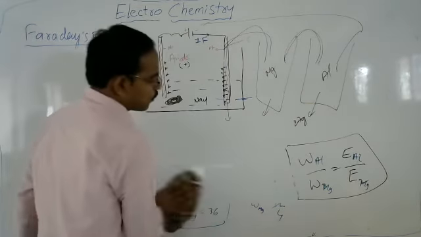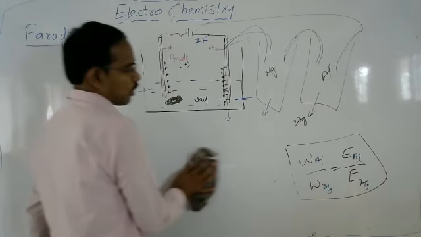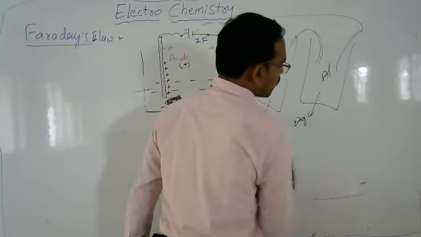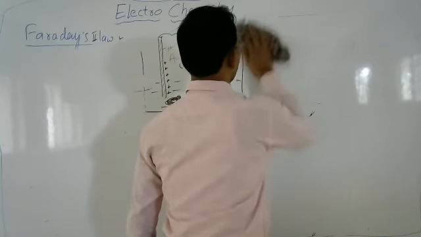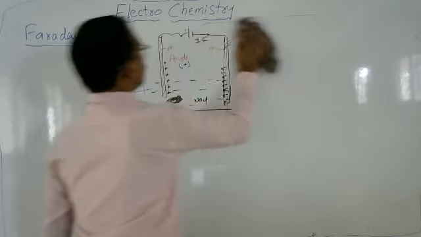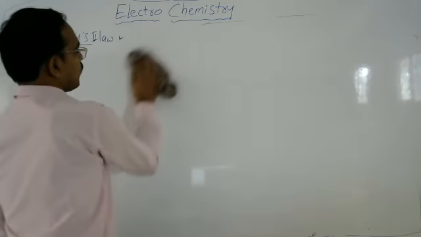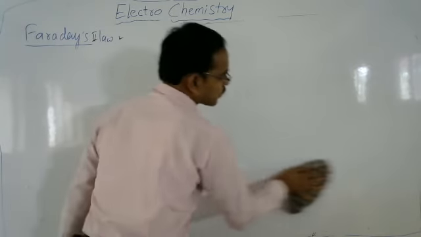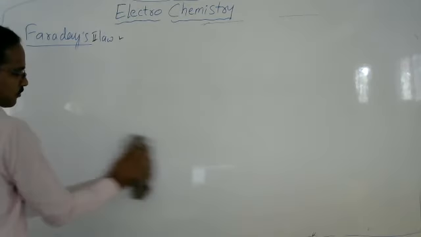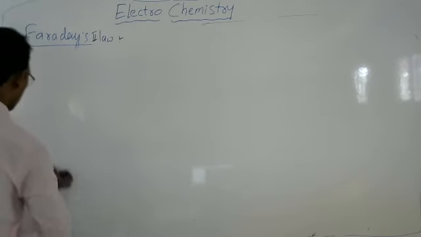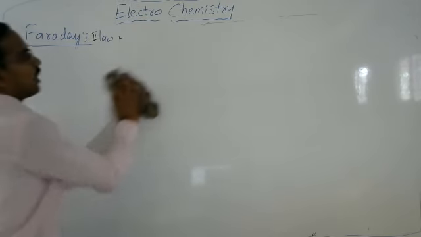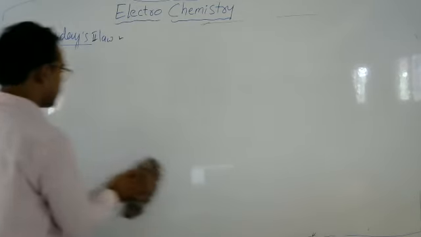Magnesium's valency is 2, that's why upon 2. Aluminum valency is 3, that's why upon 3. If you learn normality, in normality we will use equivalent mass only. Once you revise normality, if you are not understanding, you can ask in the next class.